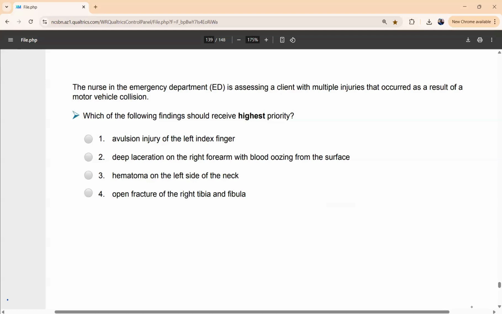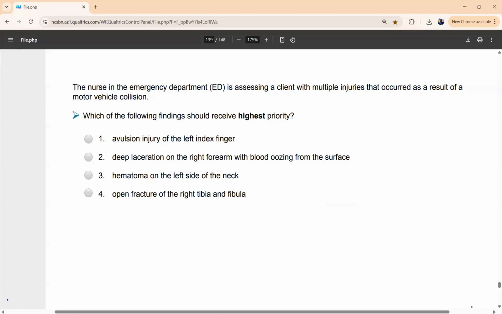Hematoma on the left side of the neck. And then open fracture of the right tibia and fibula. So I will eliminate 1 since we have a circulation issue on 2, and then we have a hematoma on the left side of the neck, and then open fracture of the right tibia and fibula.